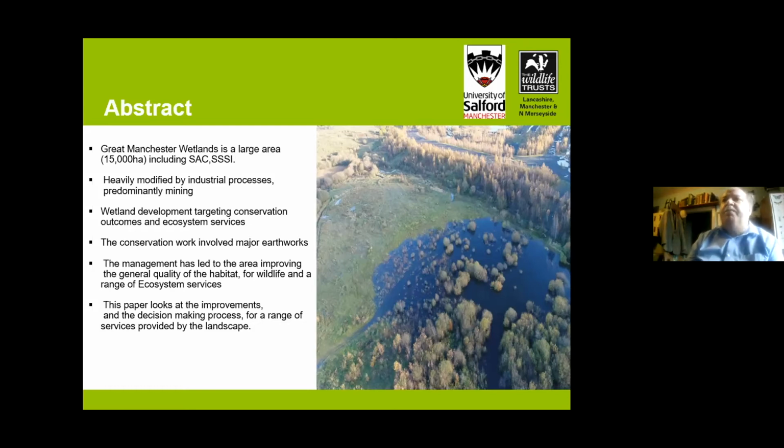And it was heavily modified by industrial processes, predominantly coal mining, but also iron and steel production, the cotton industry, and many associated heavy industries. So the landscape was, in an audit in the late 1960s, the second most damaged landscape in the United Kingdom.